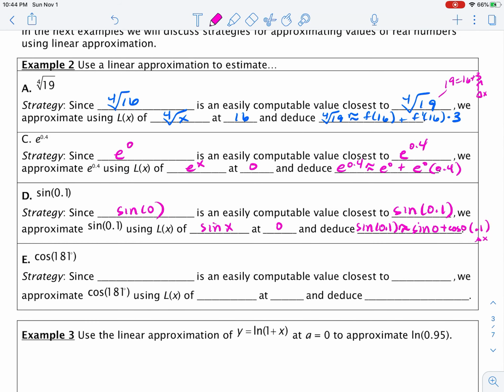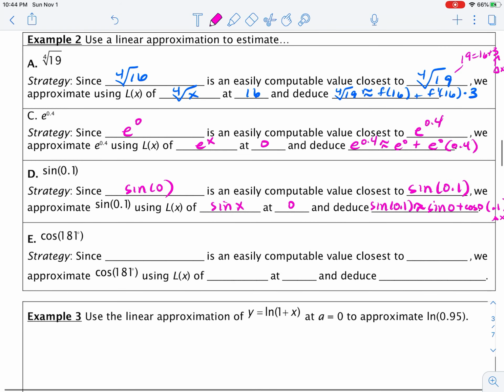Because our delta x would be 0.1. Make sense? All right. Which is going to be equal to 0.1, pretty much.